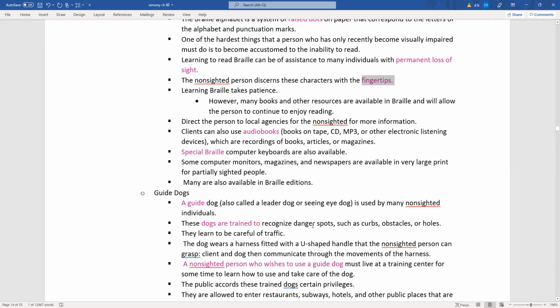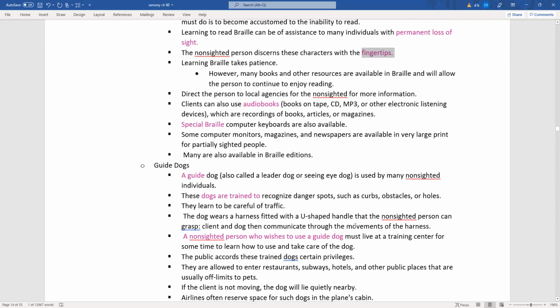These dogs are trained to recognize danger spots such as curbs, obstacles, or holes. They learn to be careful of traffic. The dogs wear a harness fitted with a U-shaped handle that the non-sighted person can grasp. Clients and dogs then communicate through the movement of the harness. A non-sighted person who wishes to use a guide dog must live at a training center for some time to learn how to use and take care of the dog.